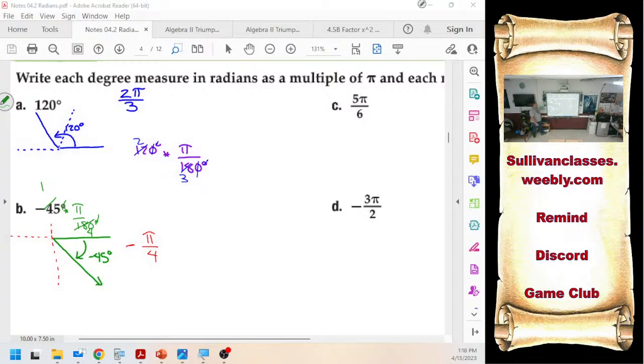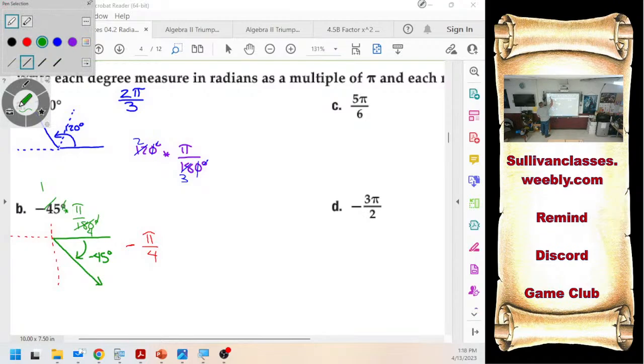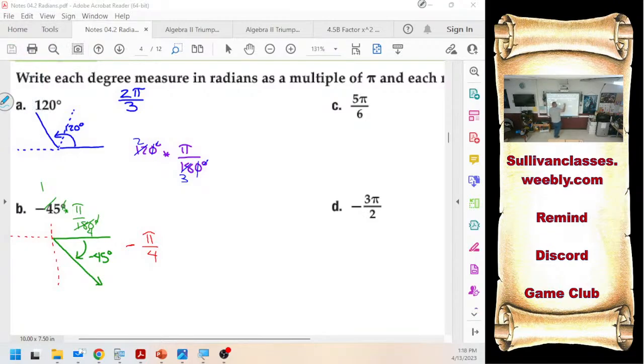Either way works. 5 pi over 6. Think about the calzone. If I break this up into 6, and I go 1, 2, 3, 4, 5. 5/6 of the way there.